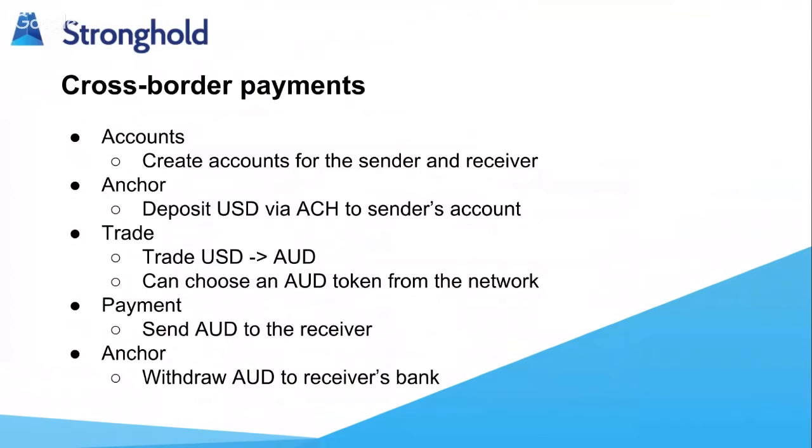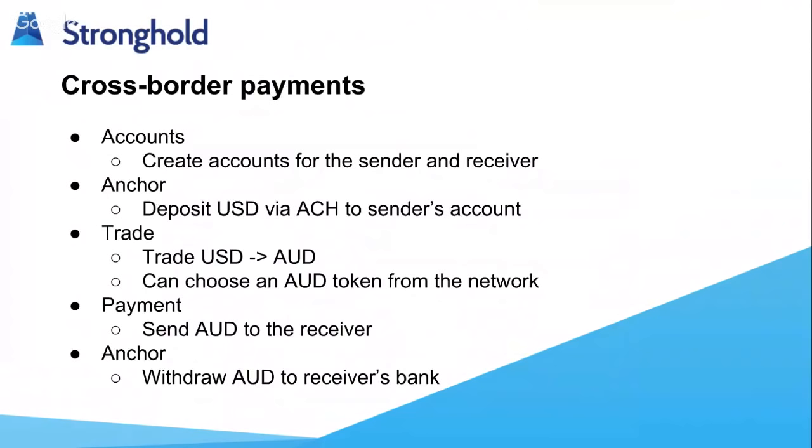You could create an account for the sender and the receiver. Let's say you were a money transfer operator based out of the US and you had an affiliate down in Australia. With the sender and receiver now owning blockchain-based accounts, you could call the anchor service to deposit USD, say via ACH, to the sender's account.